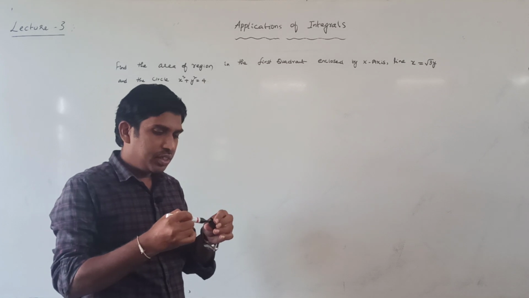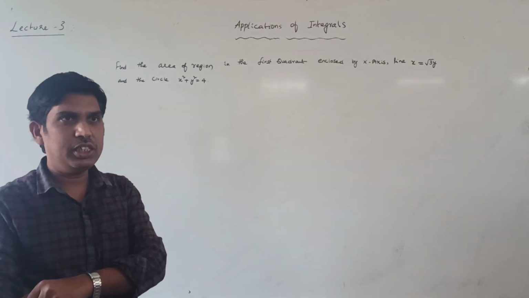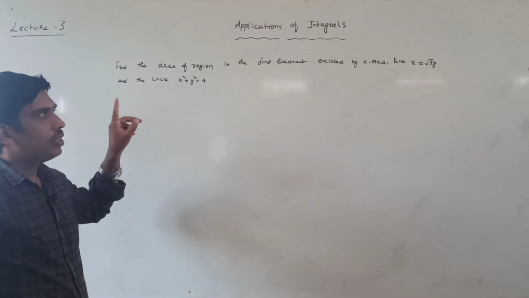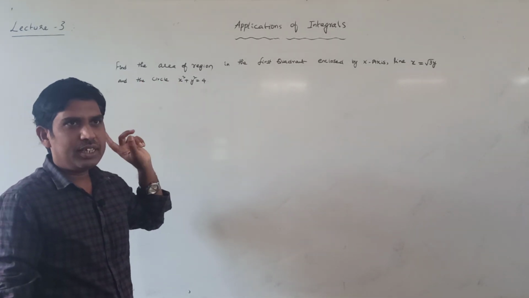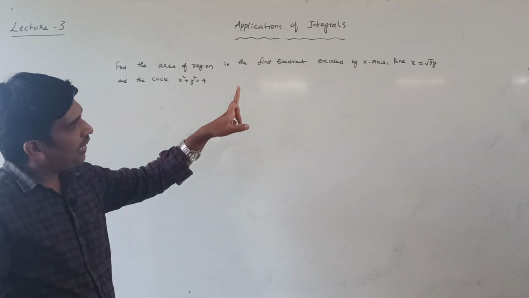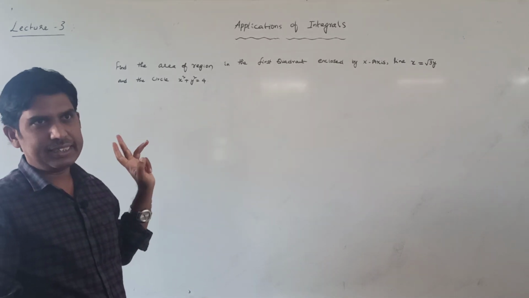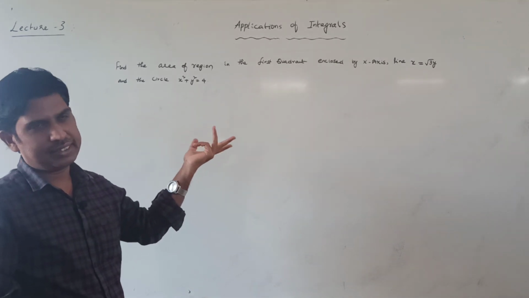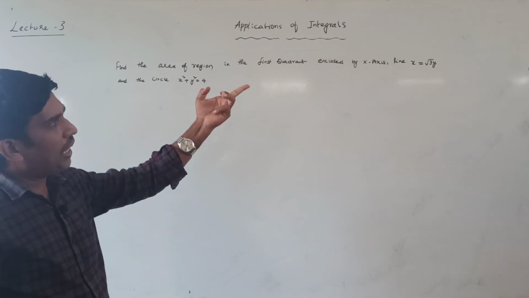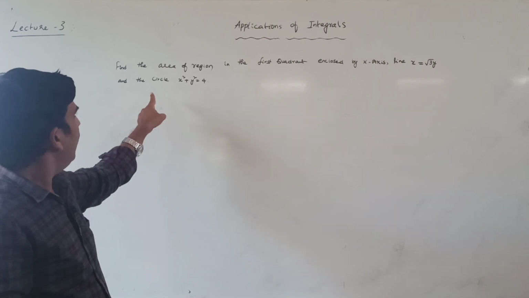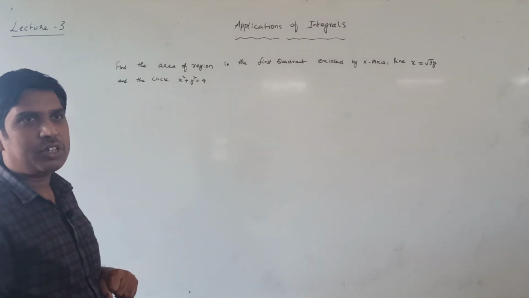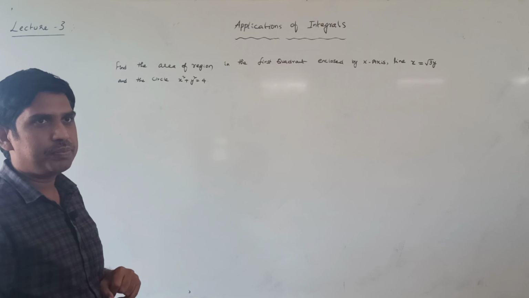Important problem, 5 marks expected question. Question meaning: find the area of region in the first quadrant enclosed by x-axis or bounded by x-axis, whatever it may be. The line equation given x is equals to root 3y and circle equation given x square plus y square is equals to 4.